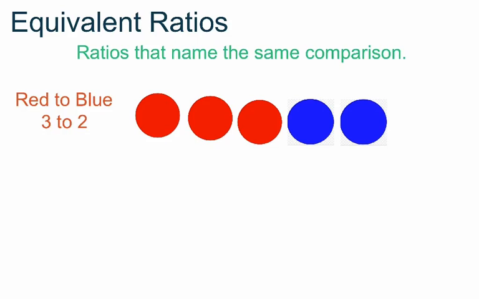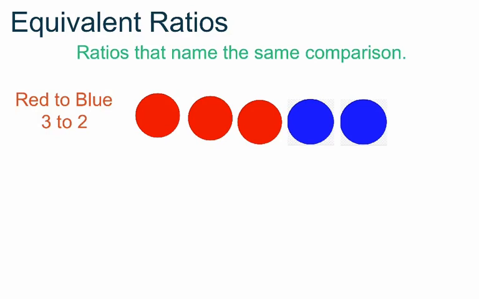So our first example here is we have a ratio of red to blue dots, 3 to 2. To arrive at an equivalent ratio, there are two ways we can do it. This first way is the way a lot of students try first, and it usually confuses them.